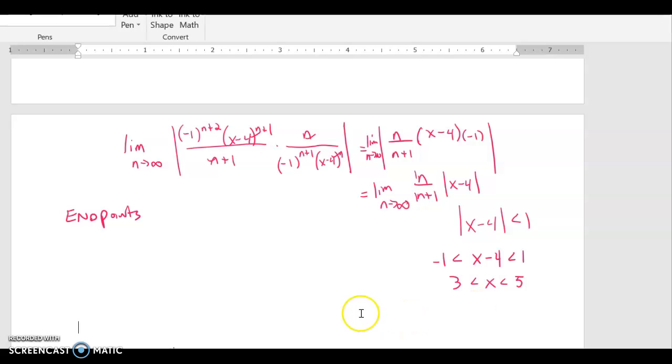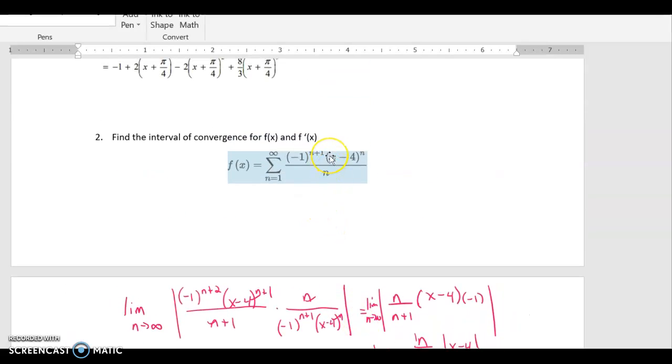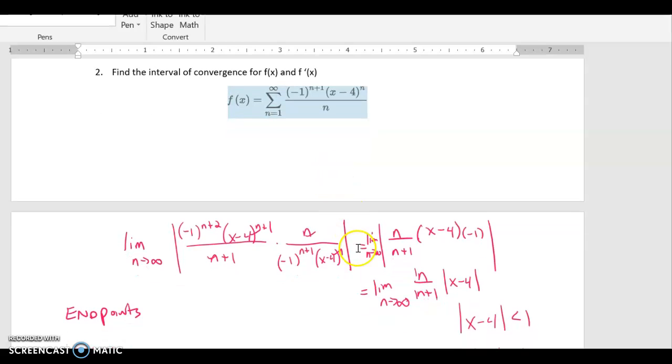should be pretty straightforward. I'm going to put in a 3 right here and a 5 right here and see what happens. So let's see, that's going to be the sum from n equals 1 to infinity, -1 to the n plus 1 times, plug in the 3 first, so we'll let x equal 3.